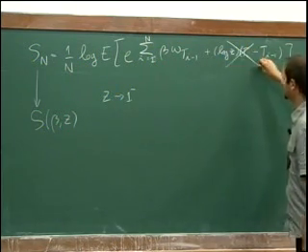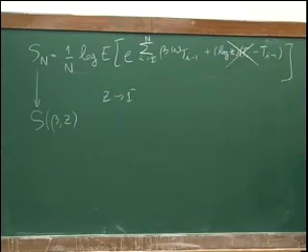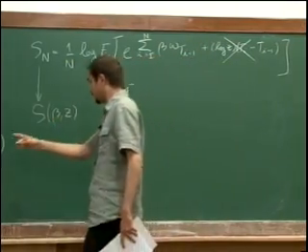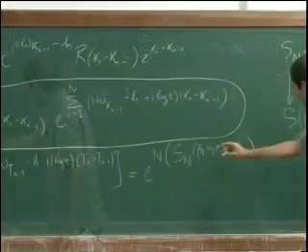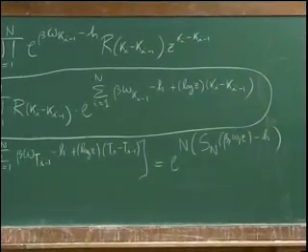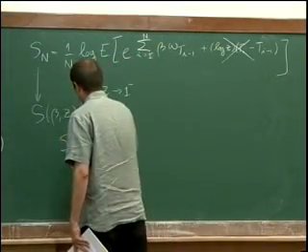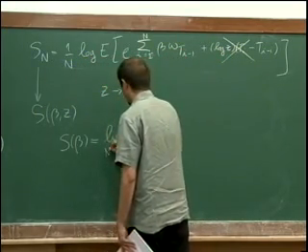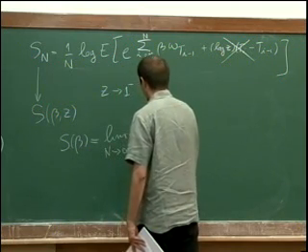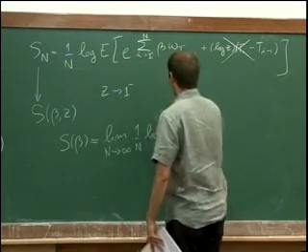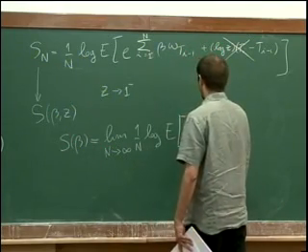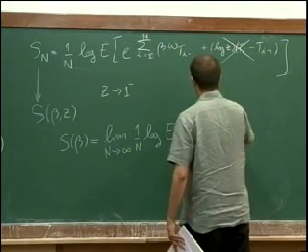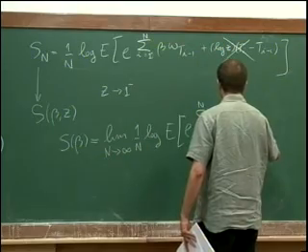We can actually neglect this term. Log z becomes 0. This requires some justification. But finally, what I want to tell you is that to decide whether this converges or diverges is just looking at S of beta, which is the limit as n goes to infinity of 1 over n logarithm of this quite simple expression, the expectation of exponential of the sum of beta omega t_i minus t_i minus 1.